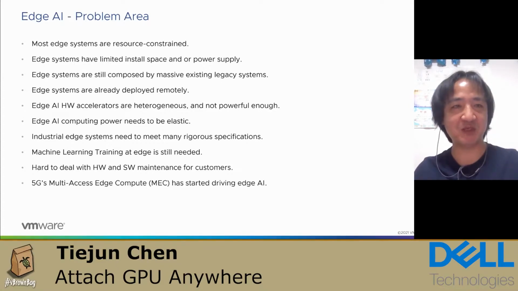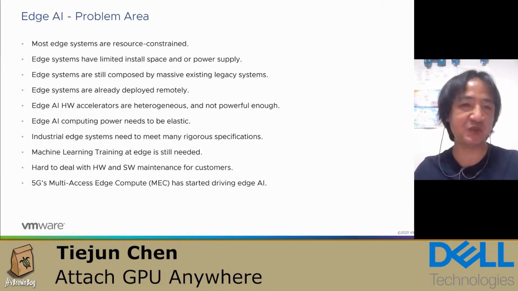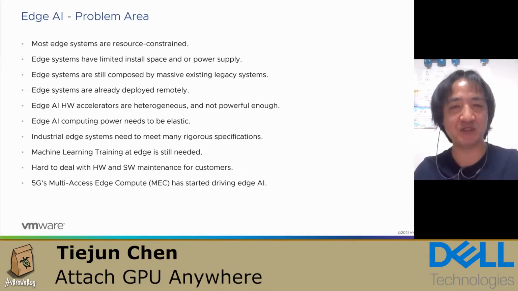Typically, we distinguish edge AI from edge computing by the need to run a variety of machine learning with predictive and prescriptive models that require a more powerful computing environment with specific CPU, memory, storage, and even some hardware accelerators. But actually, there are many challenges around putting edge AI in the real world.